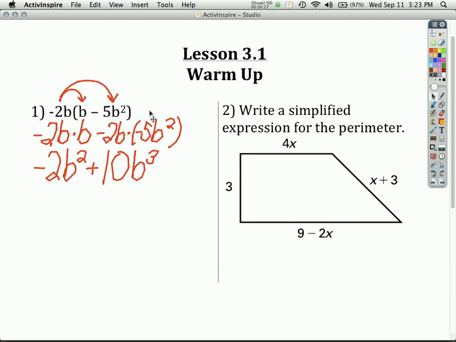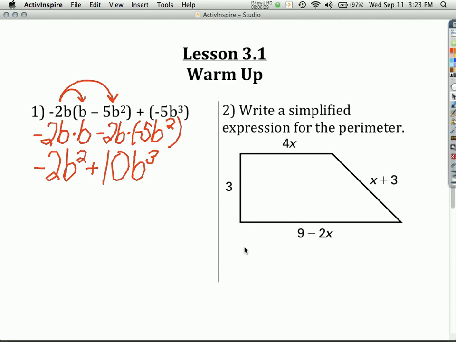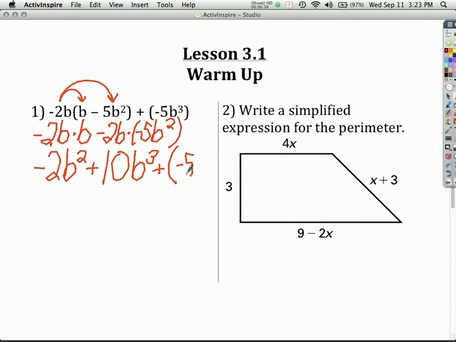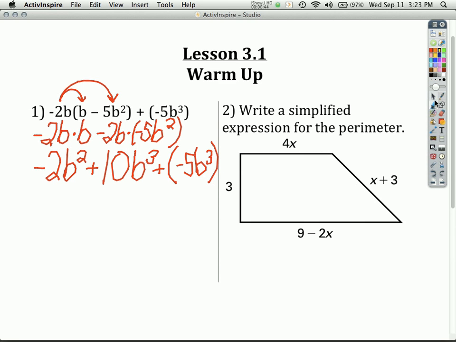But there was another whole part to the expression. So now there's plus negative 5b to the third. Now are there like terms? Kalasia, what do you think? Yeah. What are the like terms? 7b cubed and negative 5b cubed.